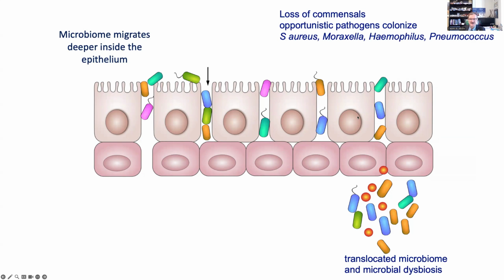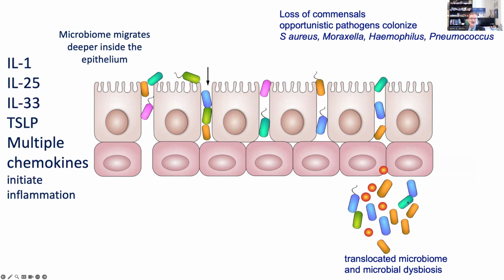And we see that microbes are translocated to deeper tissues, and the epithelium responds to this periepithelial inflammation by inflammasome activation and IL-1 release, by alarmins, IL-25, IL-33, and TSLP, and by multiple chemokines.